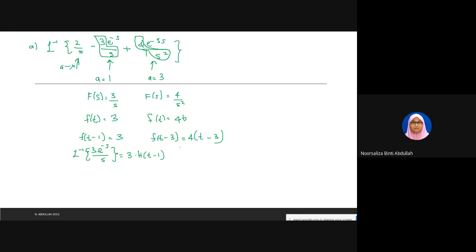And the inverse of 4 e to the power minus 3s over s squared is equal to 4(t minus 3) h(t minus 3).